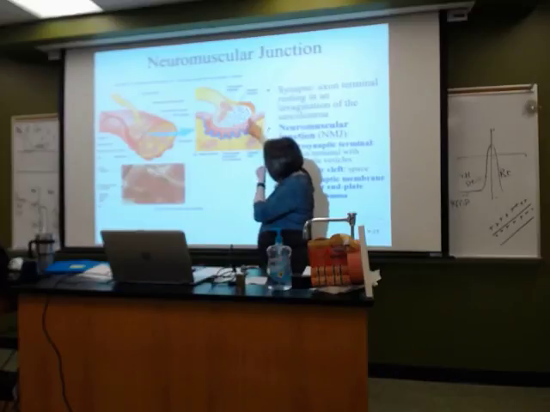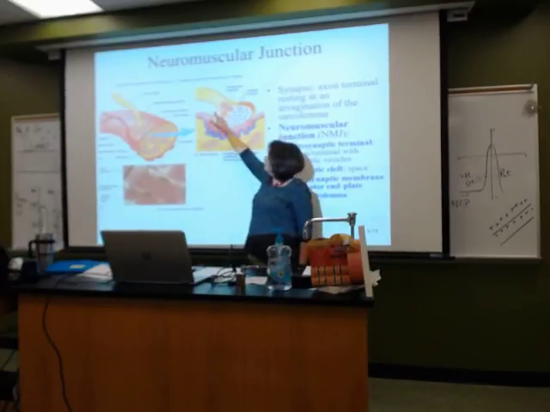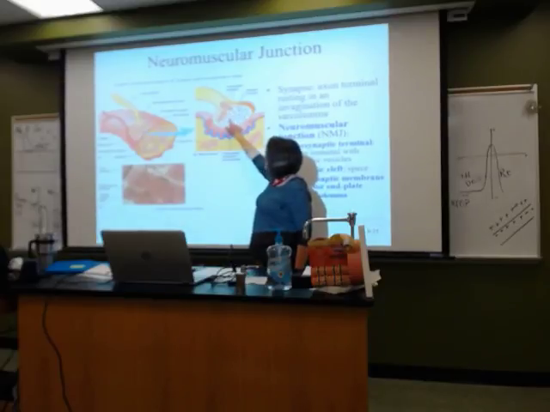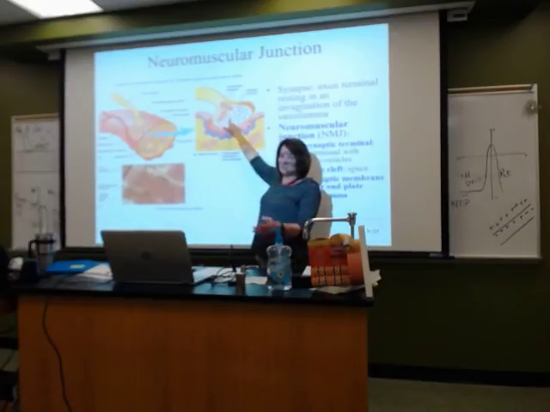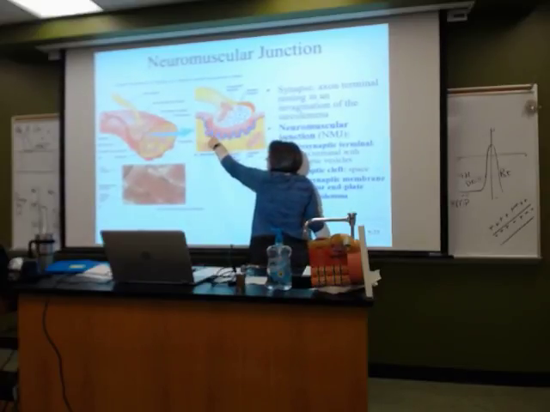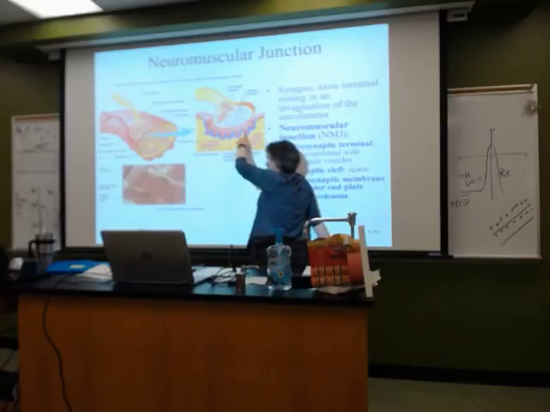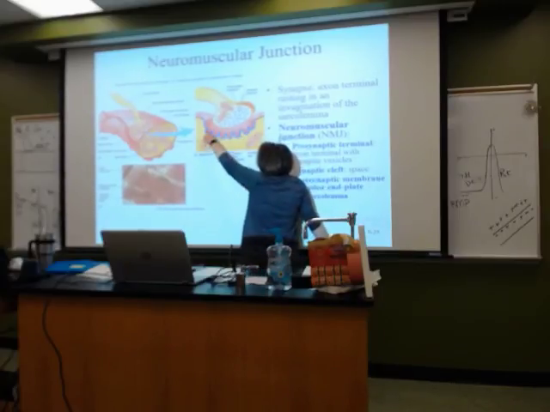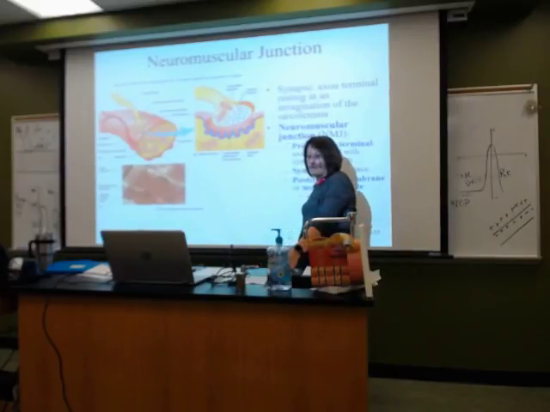So the terminal bud of this nerve is full of these little vesicles that are going to secrete the neurotransmitter. The invagination on the membrane right here of the muscle cell, from this point around, is going to be full of the ligand-gated channels. And it's going to be a shape that accepts the acetylcholine.